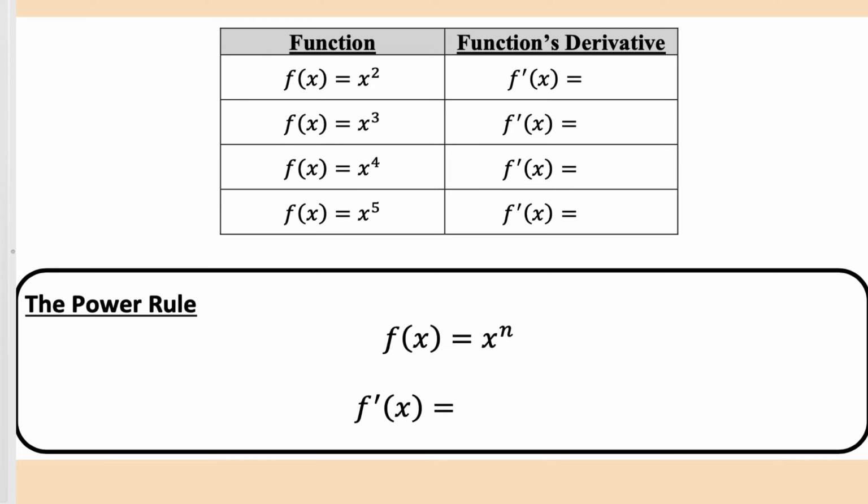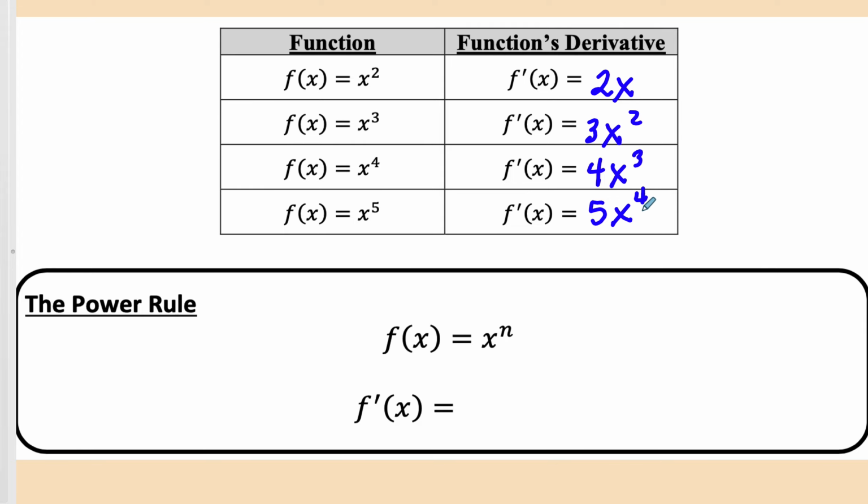So let's recap what we just saw. When the function is x squared, its derived function is 2x. When it's x cubed, it's 3x squared. And x to the fourth, it's 4x to the third power. If we follow the pattern, we take the power, make it a coefficient, x, and then we do one less power.